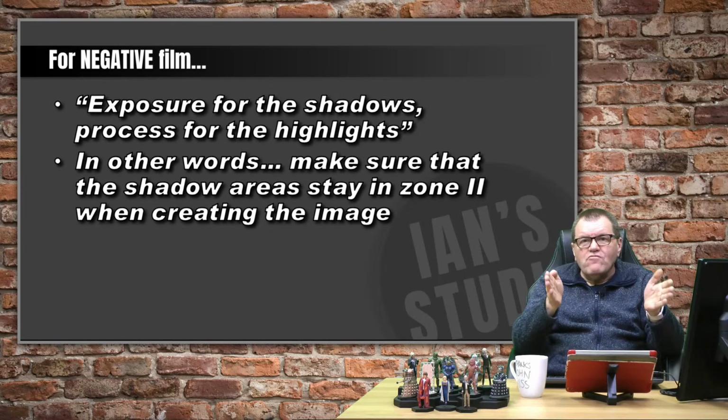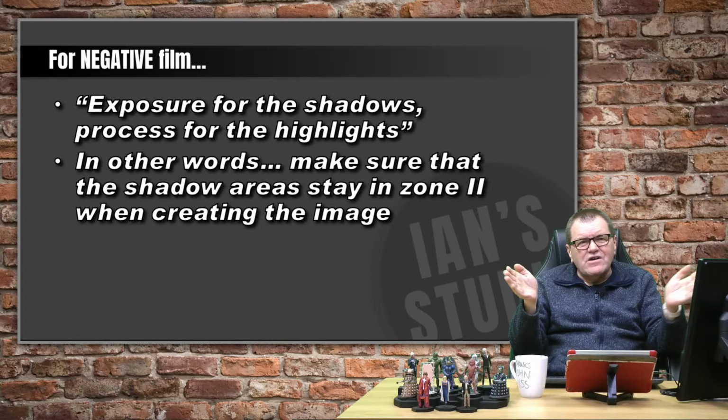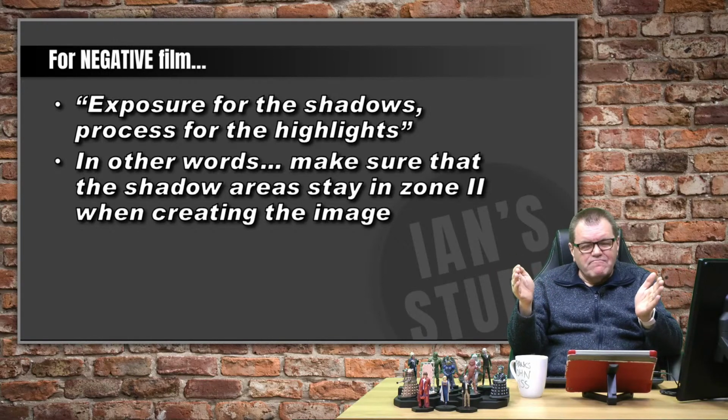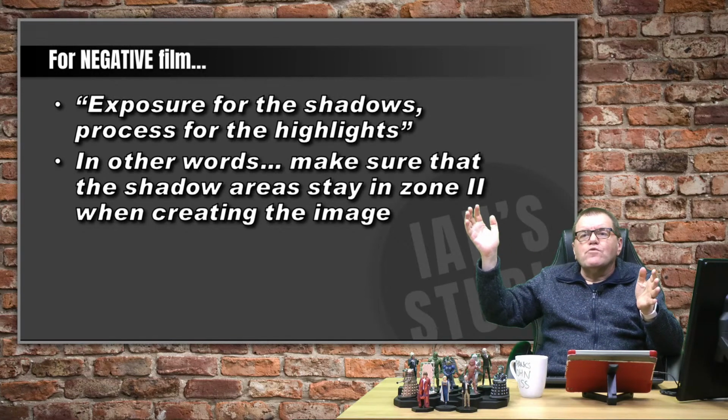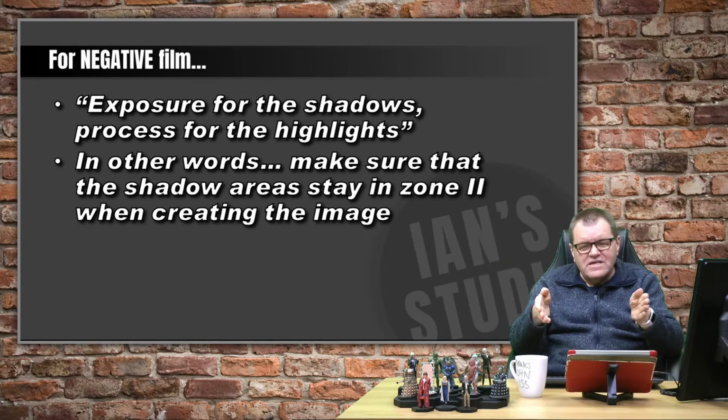Based on where you're taking your meter readings from, you might need to change or underexpose, overexpose to do it, or rather just slightly overexpose slightly with negative film, remember, when creating the image, and then you can bring back all the highlight detail.